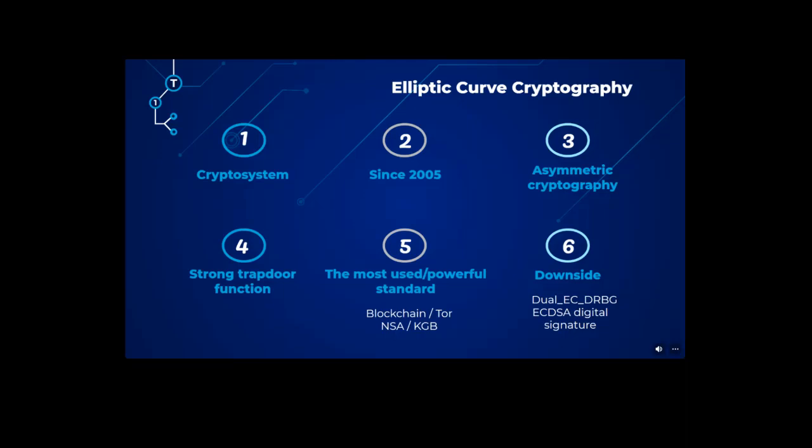It is an asymmetric cryptography, while it uses public and private keys to exchange the keys. It has a strong trapdoor function, which is a very hard mathematical problem that we will see later.